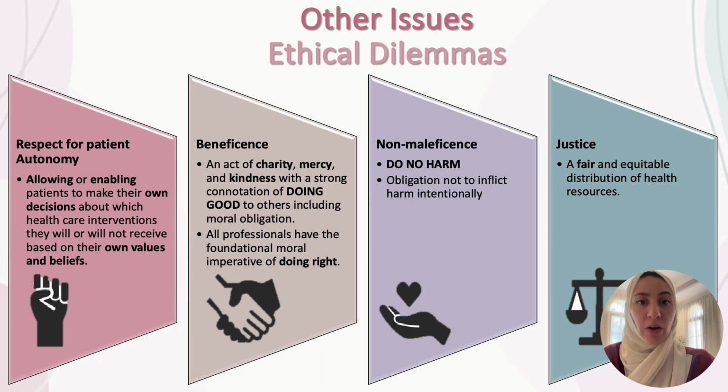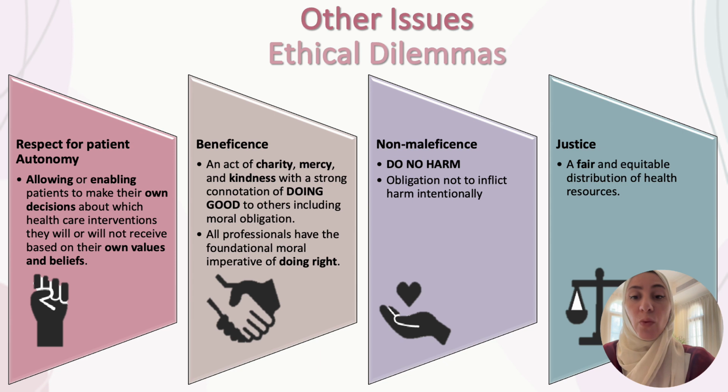At the beginning, the ethical dilemmas, we have four basic principles. The first one is respect for patient autonomy, which is defined as allowing or enabling patients to make their own decisions about which healthcare interventions they will or will not receive, based on their personal values and beliefs and preferences.